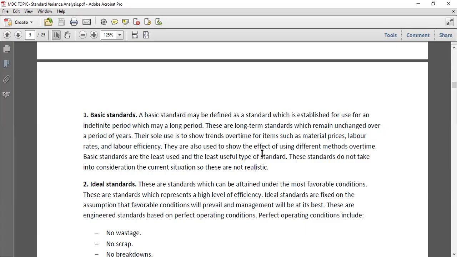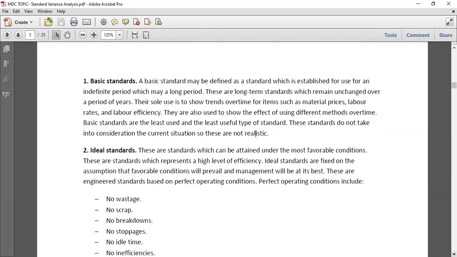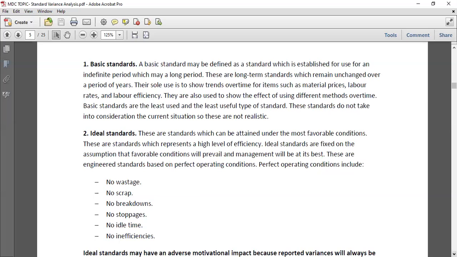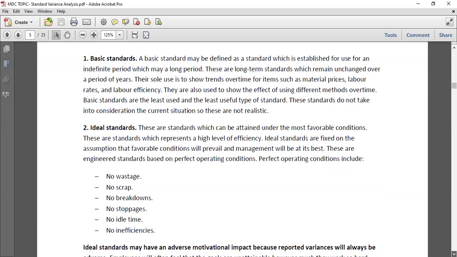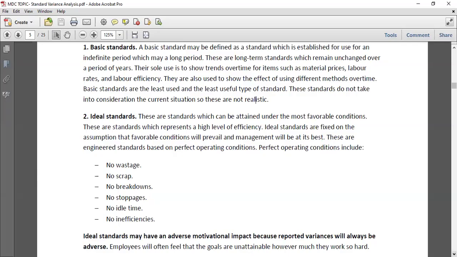You basically assume perfect conditions, and by perfect conditions we mean there is no wastage, no scrap, no breakdown, no idle time, no inefficiencies. Basically, everything moves the way it should from the start to the end of the process. So that is very key.